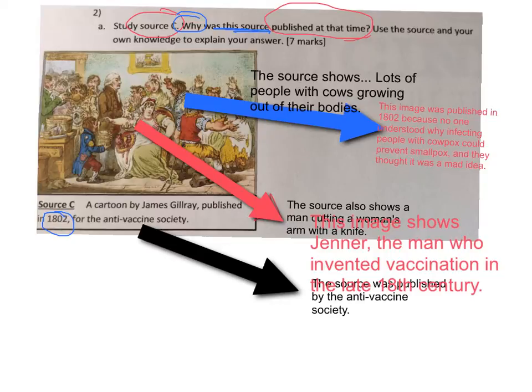And why does it show him doing these things and infecting these crazy people? Or did people trust him? No. In 1802, people still thought he was a country doctor and that he didn't know what he was talking about.